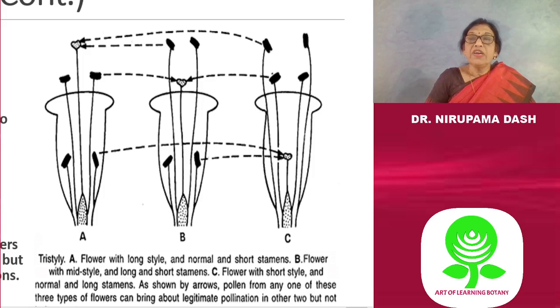In another flower, the style is medium with long and short stamens. In another flower, the style is short with medium and long stamens. So here there is an occurrence of three types of flowers. Among these flowers, one flower can pollinate the other two, but it cannot pollinate itself. So this is a very interesting and rare condition.